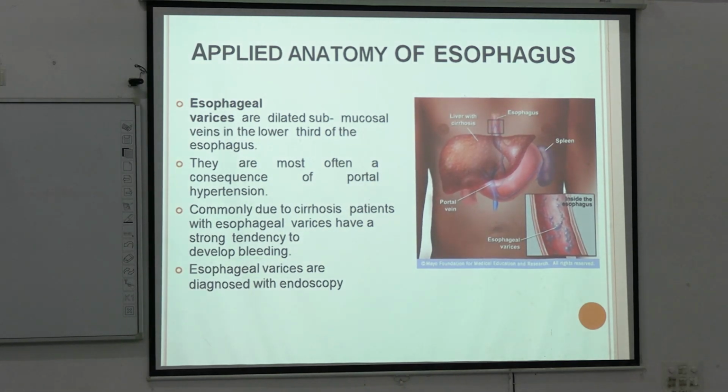Now hemoptysis, any lesion in the lung, you see tuberculosis or some tumors or even bronchopneumonia. If the patient coughs, that might be blood stained.